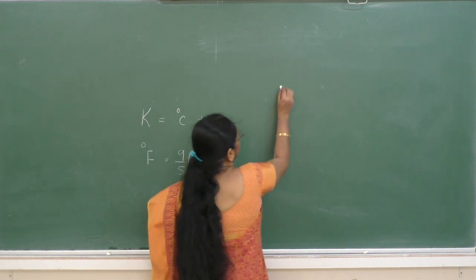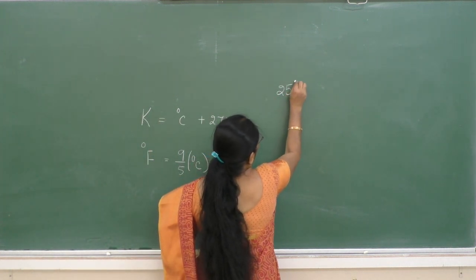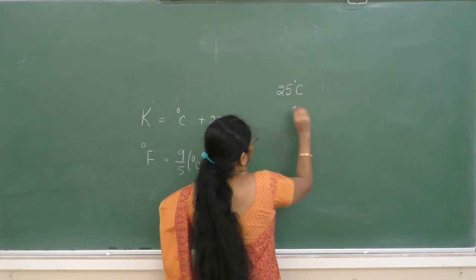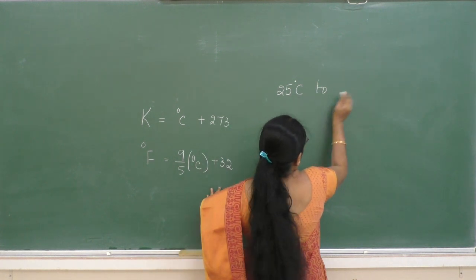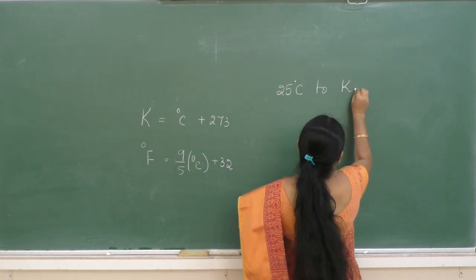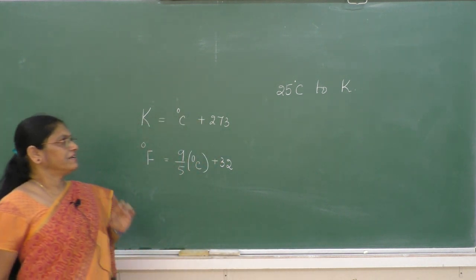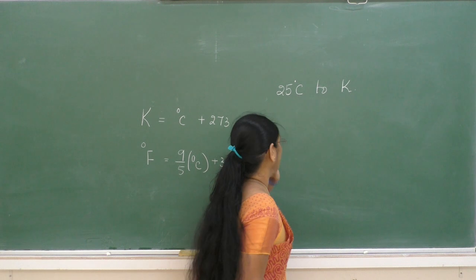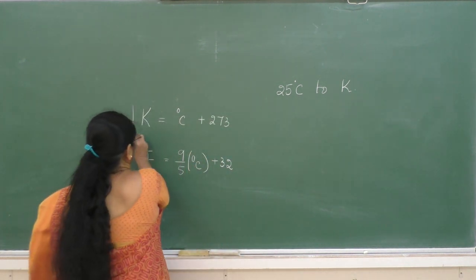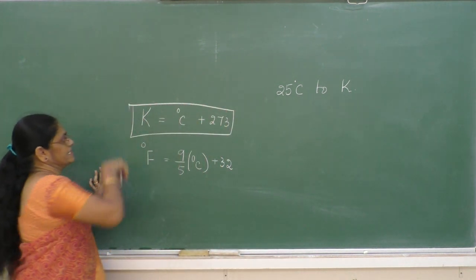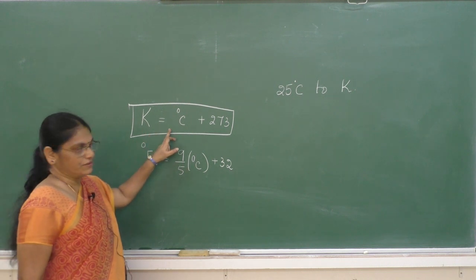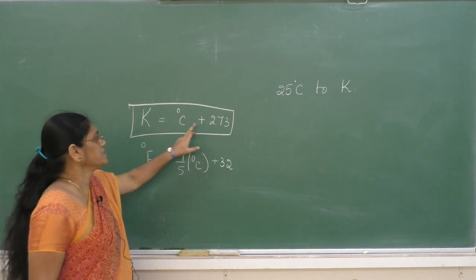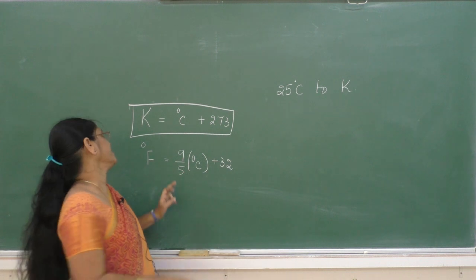Convert 25 degree Celsius to Kelvin. Use the relation Kelvin is equal to degree Celsius plus 273.